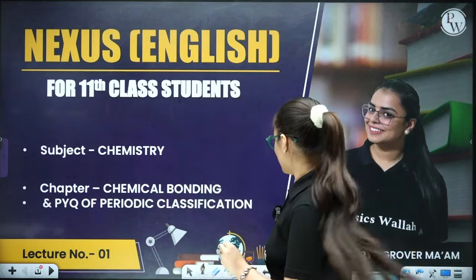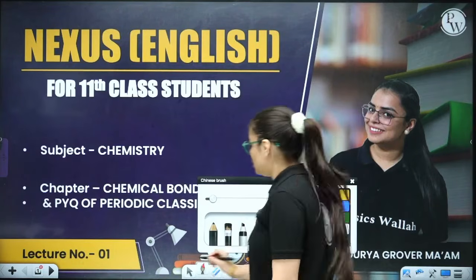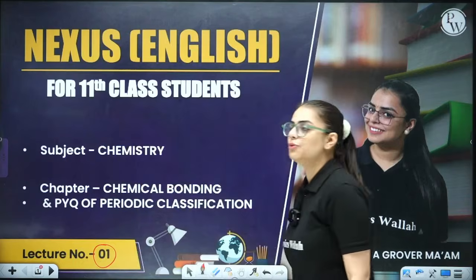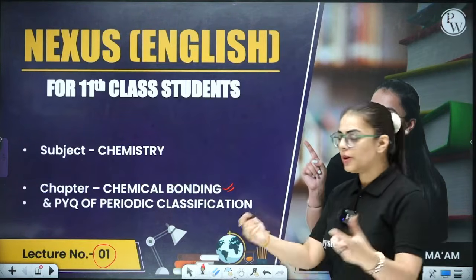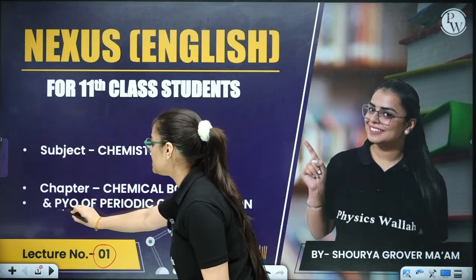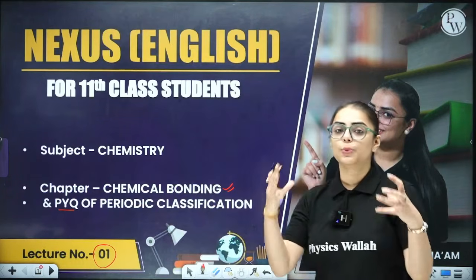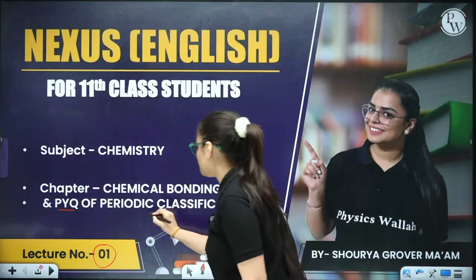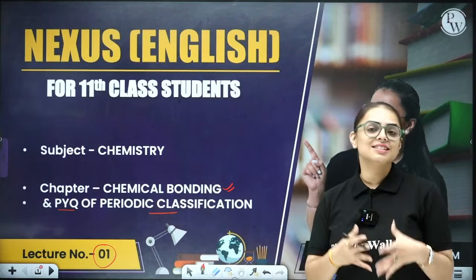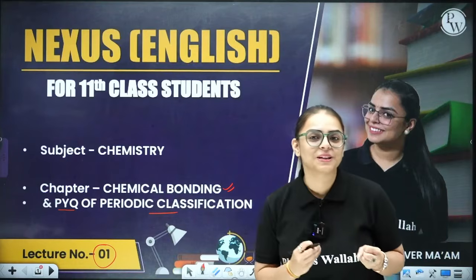So, as you all very well know, this is going to be your which lecture? Lecture number first. On which chapter? Chemical bonding. As well as we are going to practice some PYQs, that means the previous year questions asked in your competitive examinations for the chapter classification of elements and the periodic properties.